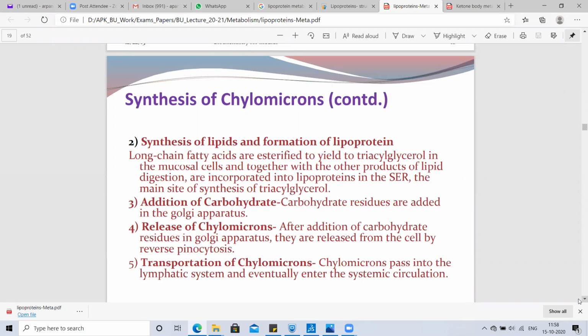Maybe you are all aware of pinocytosis. It is known as cell drinking, or liquid transportation.